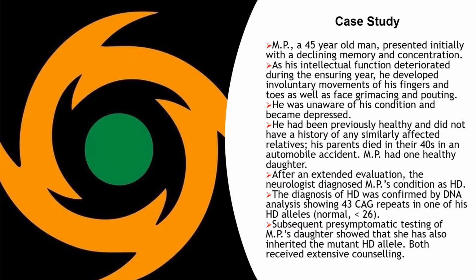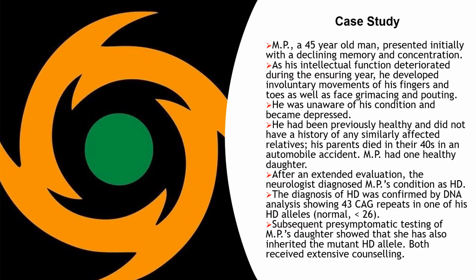He had been previously healthy and did not have a history of any similarly affected relatives. His parents had passed away in their 40s in an automobile accident. MP had one healthy daughter.